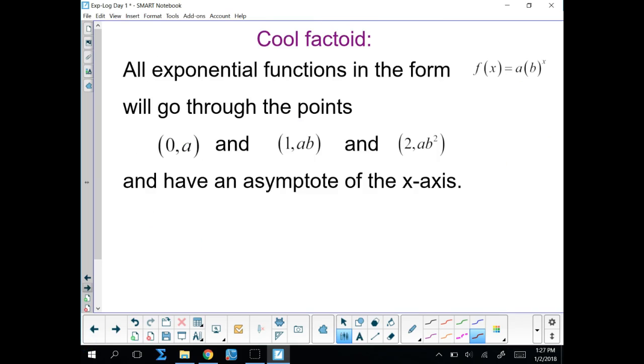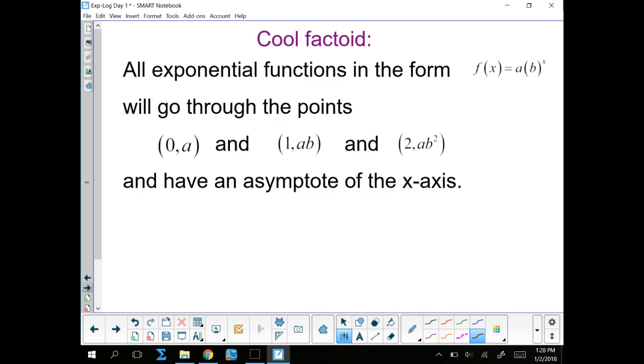So here's a cool little factoid that we have for all exponential functions in the form of f of x equals a times b to the x power. All of those functions will go through the points (0, a), (1, ab), (2, ab squared), (3, ab cubed), (4, ab to the fourth), and so on and so forth.